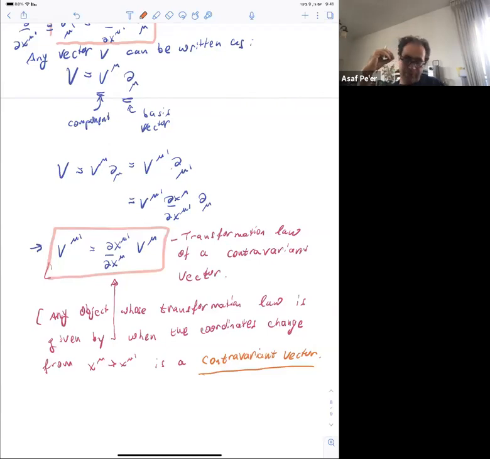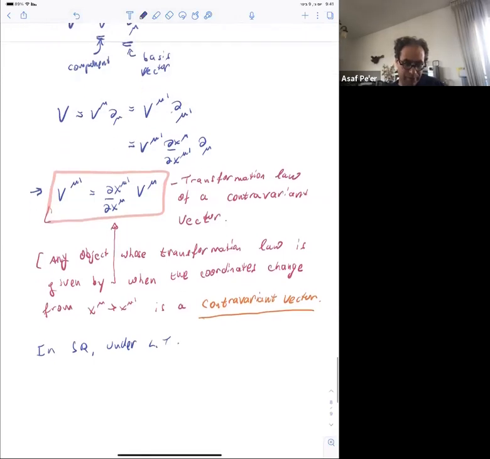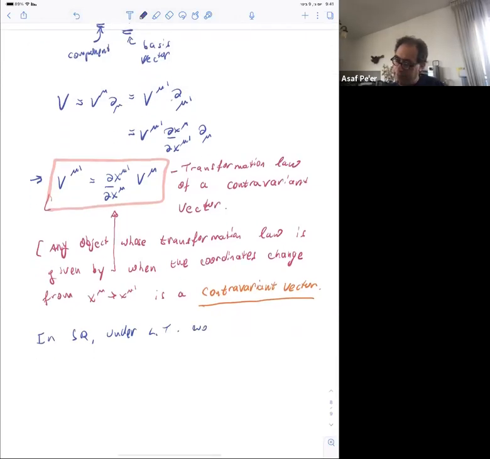Just as a comment, in special relativity, under Lorentz transformation, we had that V^μ' is just Λ^μ'_μ V^μ.